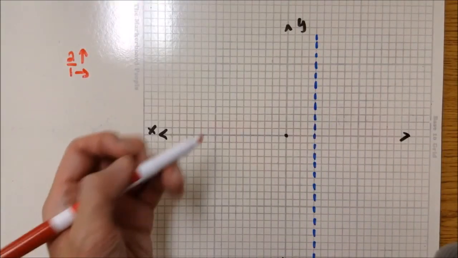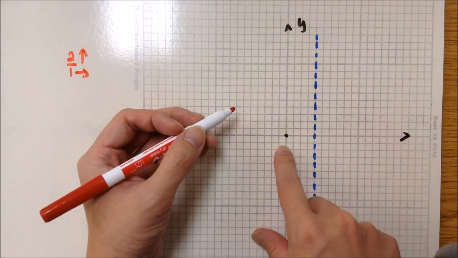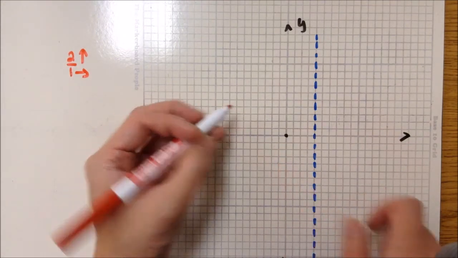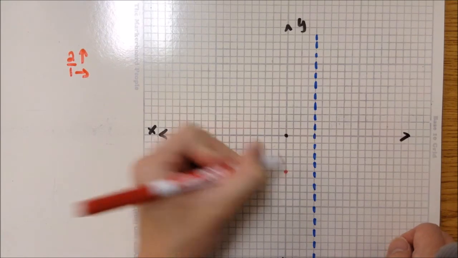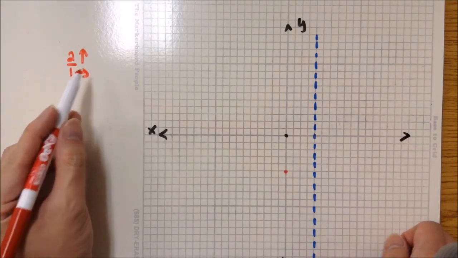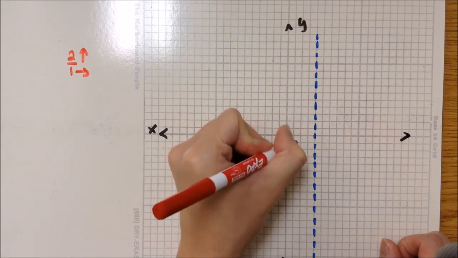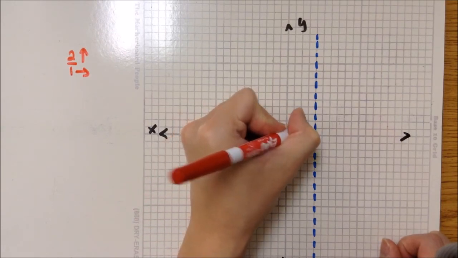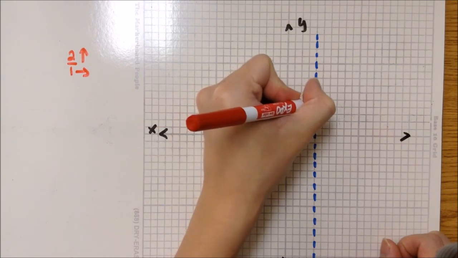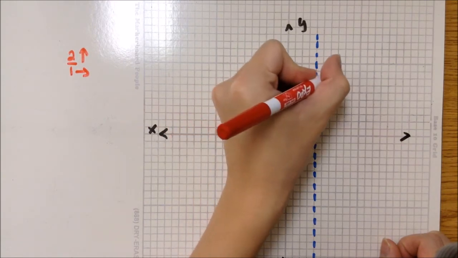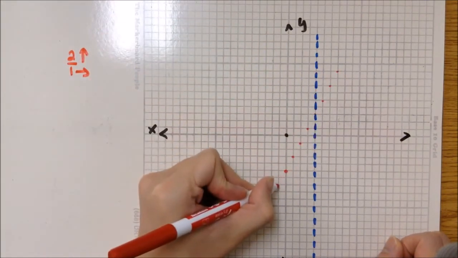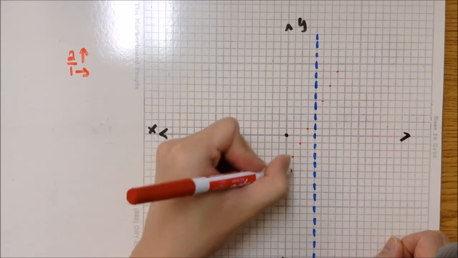So minus 1, minus 2, minus 3, minus 4, minus 5, right here. So again, our slope is up 2, right 1. Up 2, right 1, up 2, right 1, up 2, right 1, here, here, here. Alright. And then I go the opposite direction for the other side.